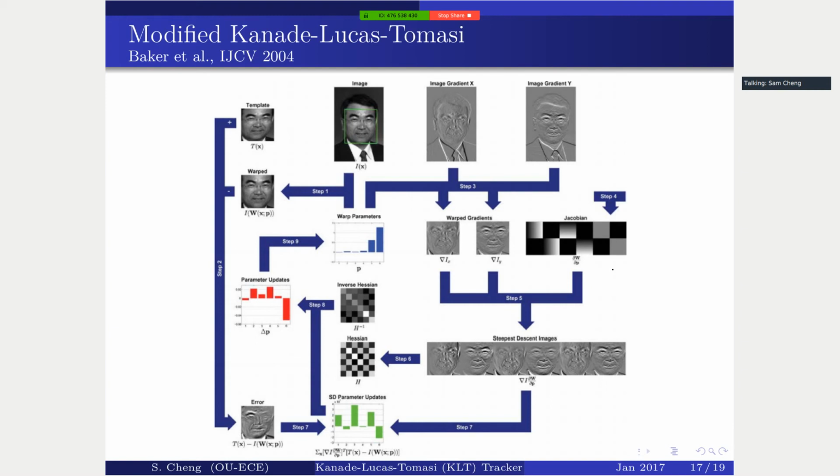So you basically have a template. This is something you're trying to track. You can think of it as: you have the first frame, then the next frame. For example, the template is just grabbed from the original frame.